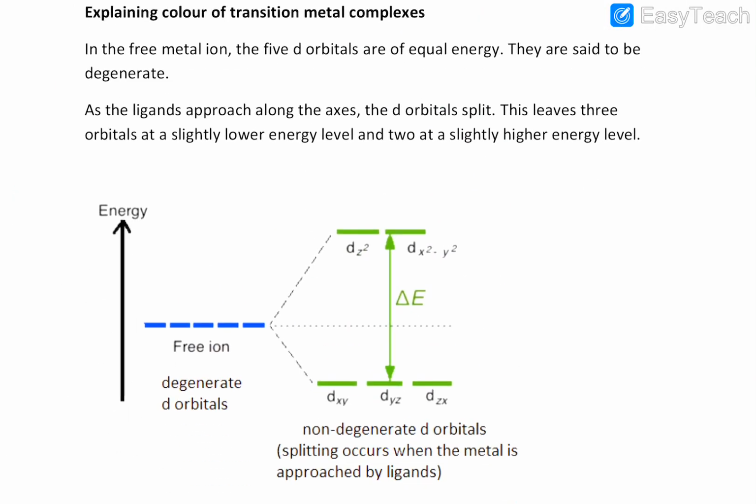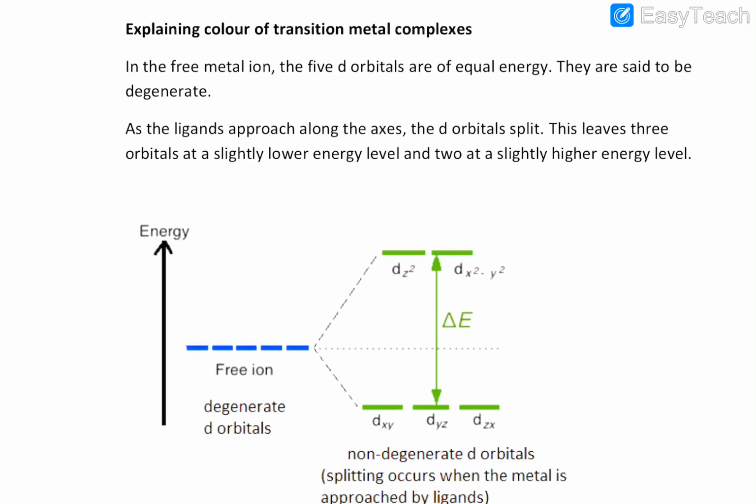Now, let's see how we explain the color. So usually the metal will have all the 5 d orbitals on the same energy level, and because they are of the same energy level, they are called degenerate d orbitals, so they are of equal energy. But as the ligand approaches, the ligand is going to cause the d orbitals to split.